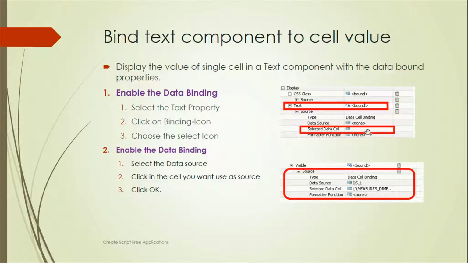Then we can specify a particular cell or a dimension from that data source, and once we select that, the data binding is done to that particular text property. Here, enabling that data binding, data cell, typing ds1 and then measure time. Once we apply this selected data cell, it gets enabled.